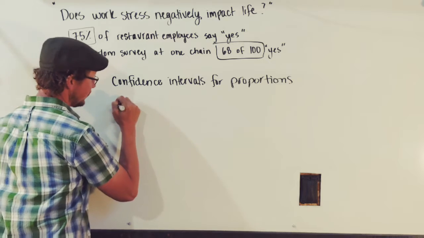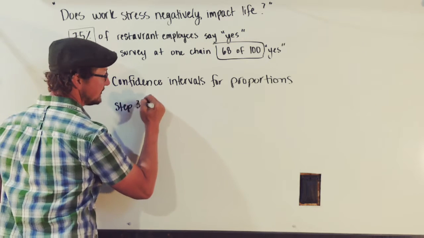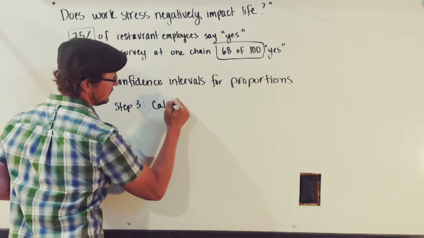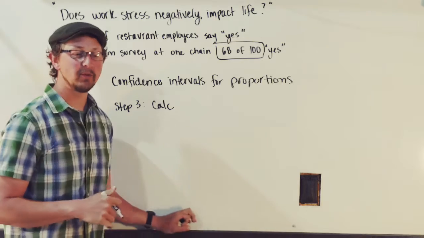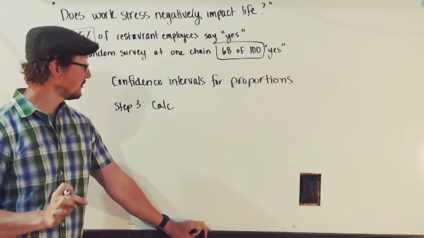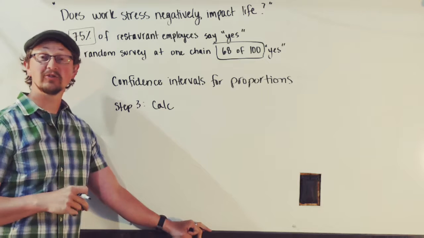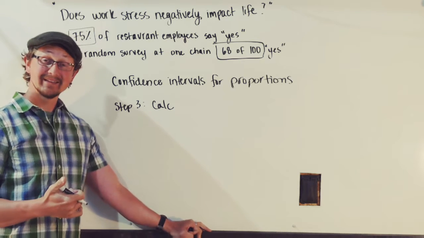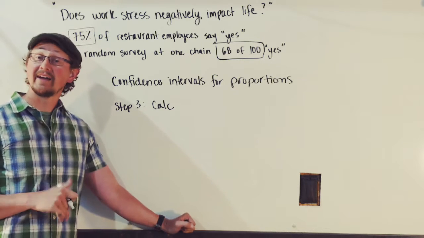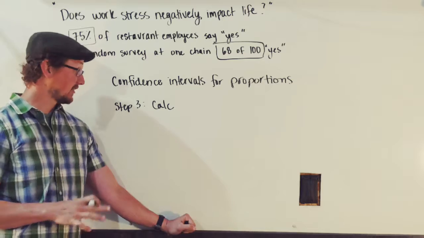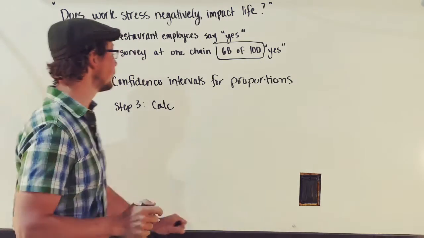Here's our calculations. We're going to start at step 3, calculations. If you're prompted to do this in one of the problems in this unit, then we typically can start at step 3 because the question will ask what is the confidence interval, and then it'll ask to interpret that in context. So we're going to be focusing on step 3 and 4.